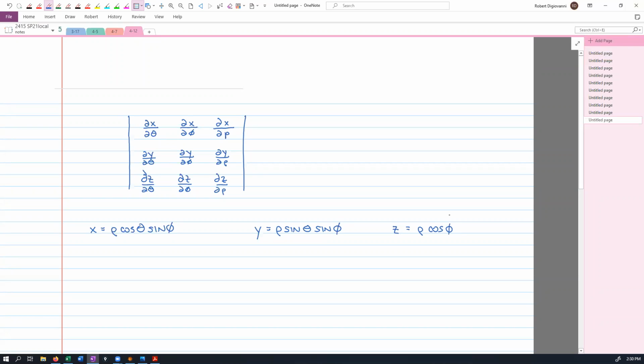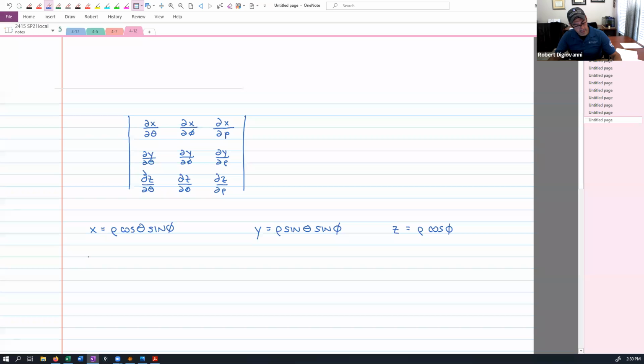Okay. Now look at these partial derivatives we need. We need 3 partial derivatives of x with respect to 3 different things. So let me start listing those out. The partial of x with respect to theta. Sine phi is a constant, rho is a constant, I'm just taking the derivative of cosine theta. That'll give me negative rho sine theta sine phi. With me?